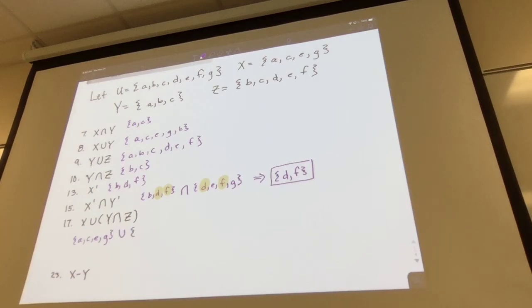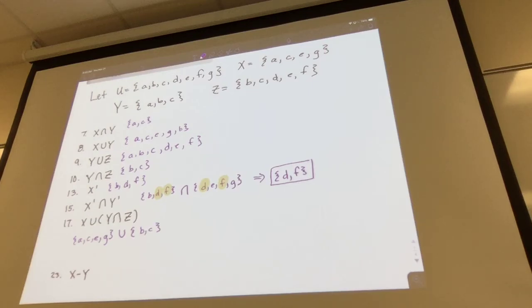Now for the first part, I'm going to go ahead and take the intersection of Y and Z. What does it mean, take the intersection? What they have in common. So let's look at what Y and Z have in common. They have a B and a C. Is that all? B and C. So I'm going to put B and C because this is my intersection.